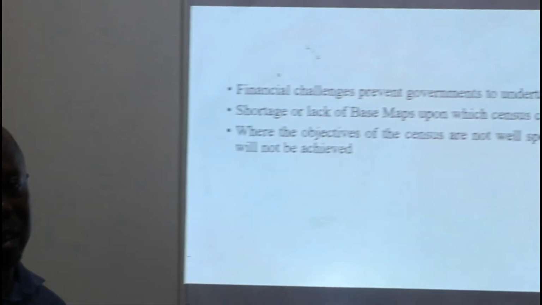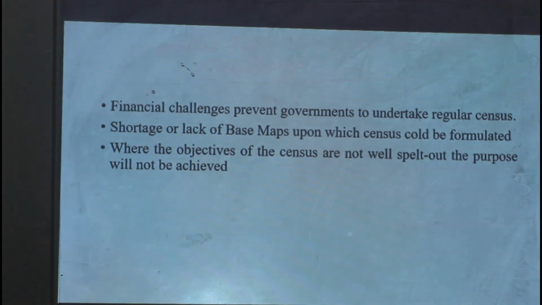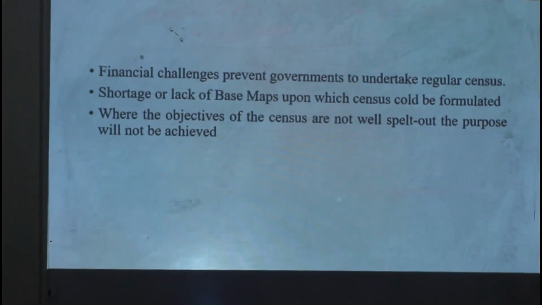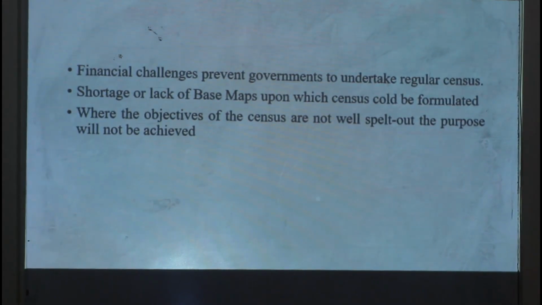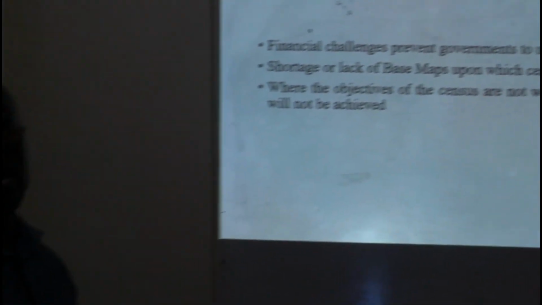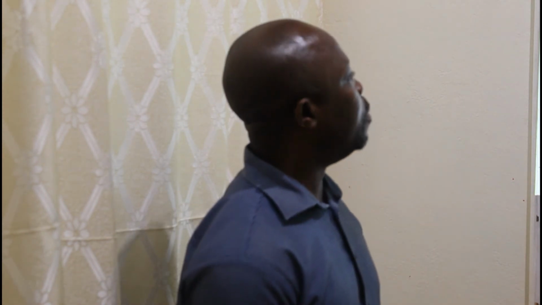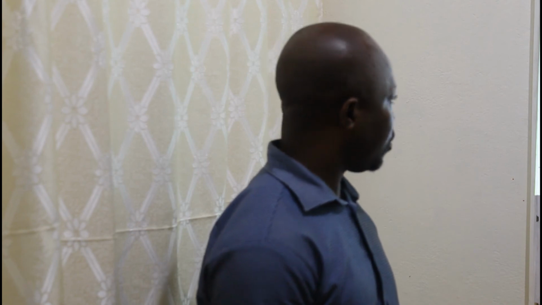Then financial challenges. The conduct of population census is very expensive, and as a developing nation, we are affected by financial constraints. Then shortage or lack of a base map upon which census could be formulated. Then where the objective of the census is not well spelled out for people. And this is one of the challenges we have.